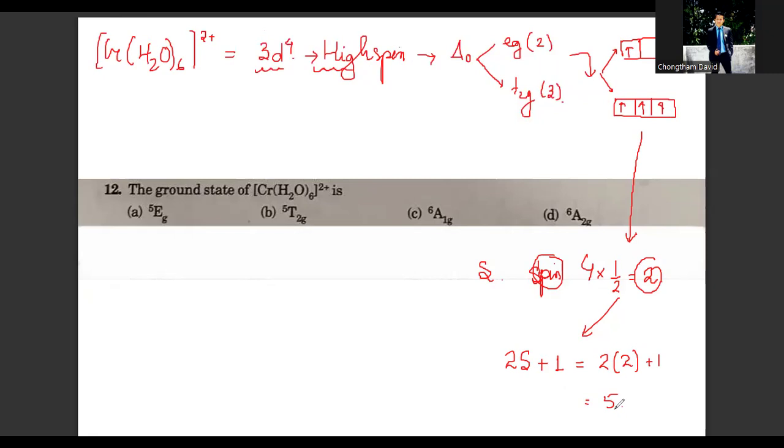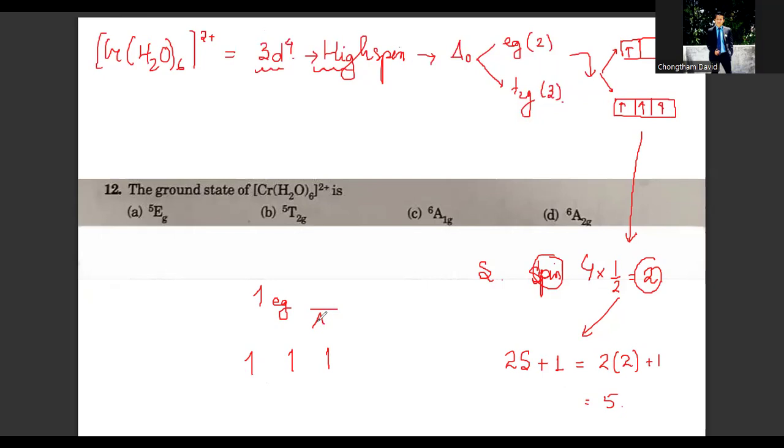The given complex is a high spin complex and it is split as given by the following. So we have already known that in the eg there is only one electron here, and in the t2g we have three electrons, 1, 2 and 3.